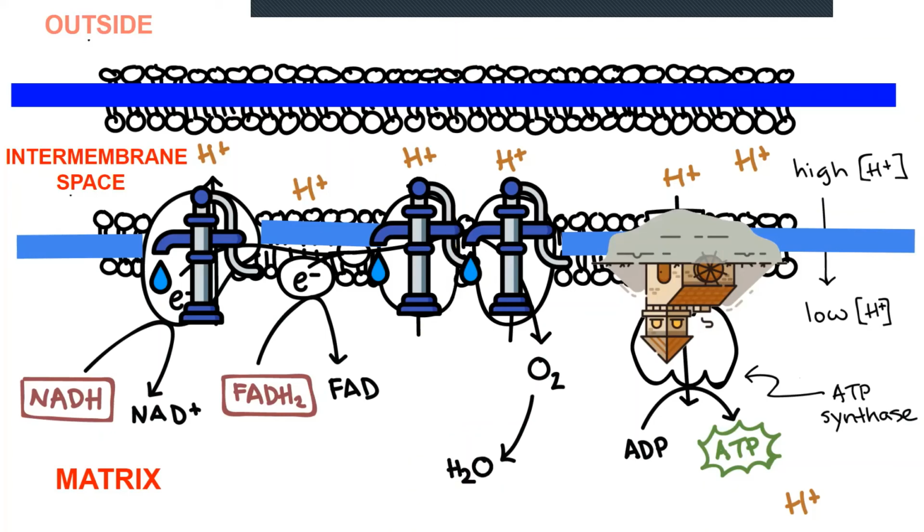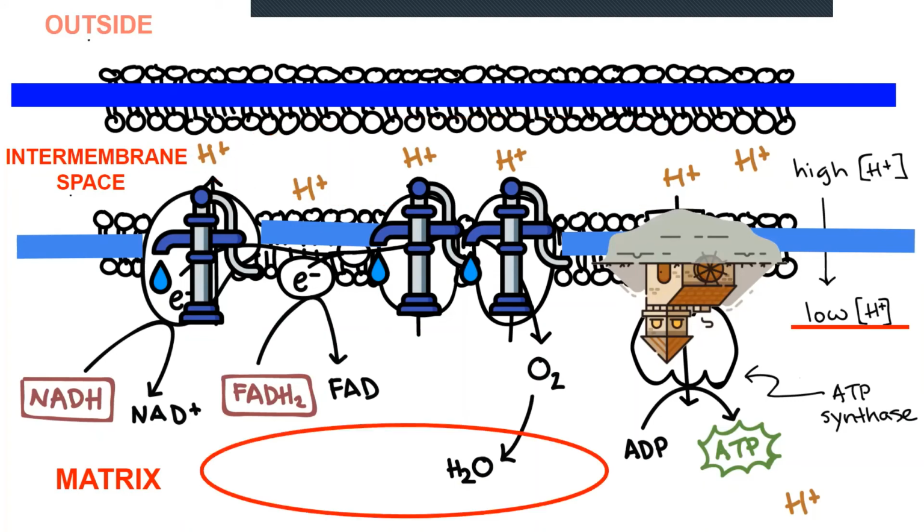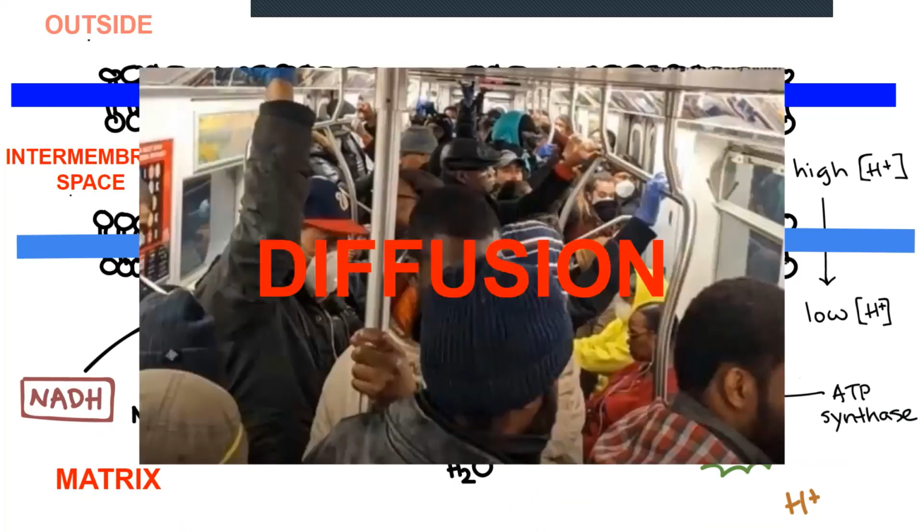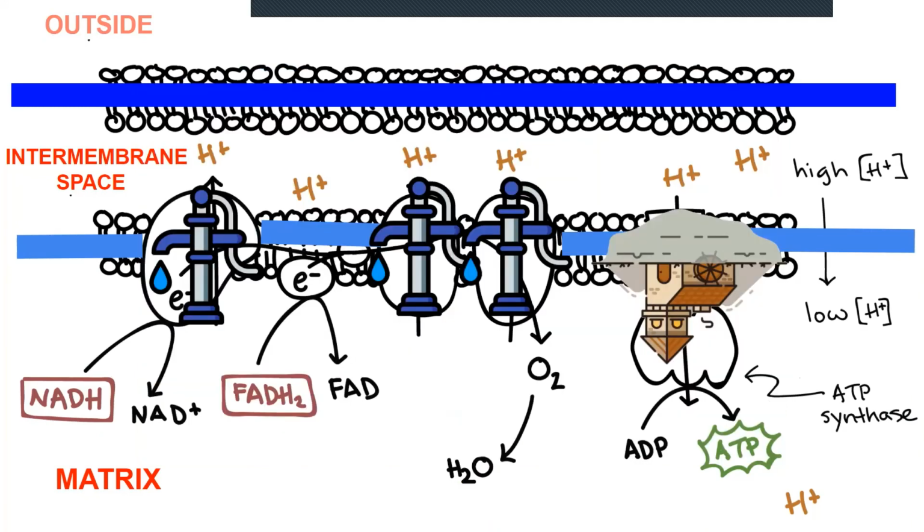Okay, so now we have generated our proton gradient. We have all of our protons packed into the intermembrane space, a low concentration of protons in the matrix. If we remember our packed bus example, they're going to want to get out of the bus. So the way that they do this is they go down through our mill, through ATP synthase. The proton moves, it turns the mill wheel. When the mill wheel turns, that allows us to make ATP, the energy molecule of the cell.